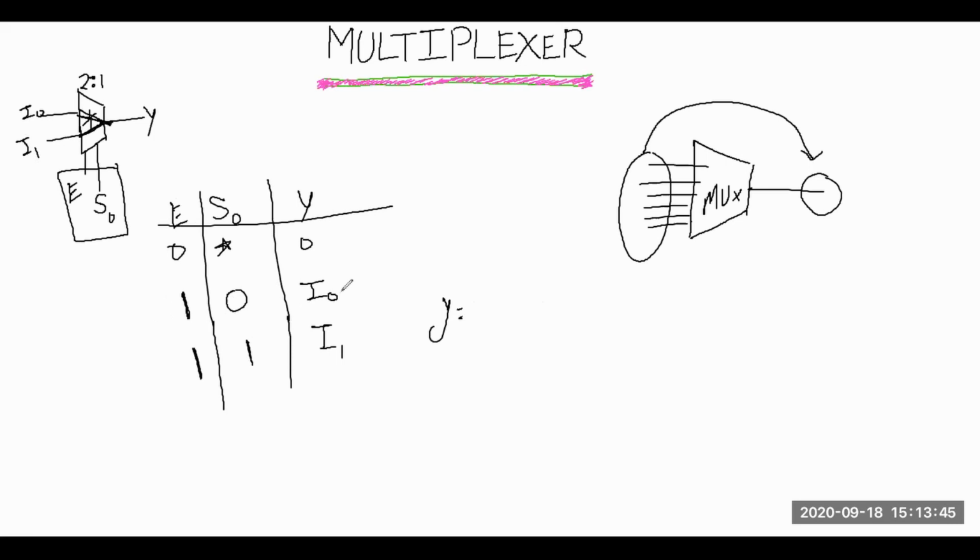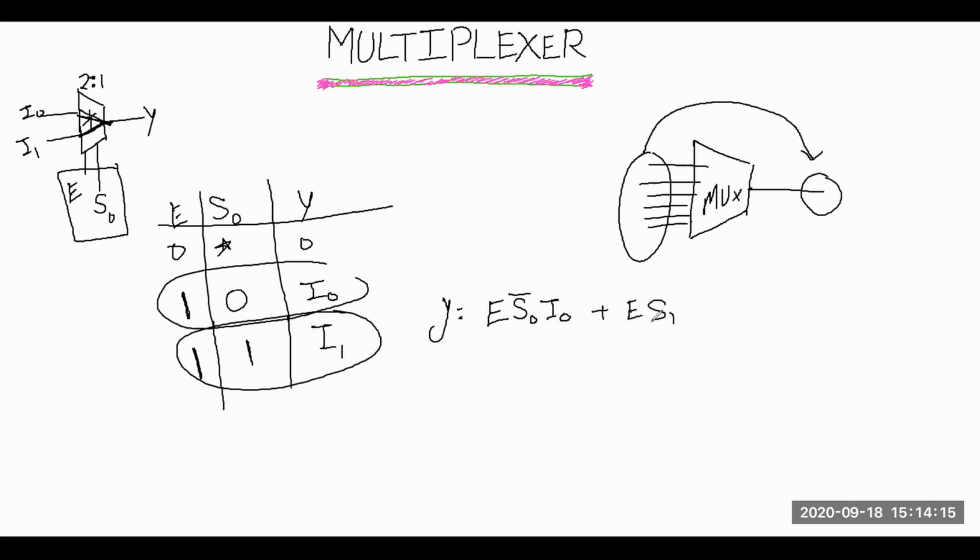So you write the first and the second of these in the form of SOP. This will be E S0 bar I0 plus E S0 I1. This is one way of writing the expression for a multiplexer.